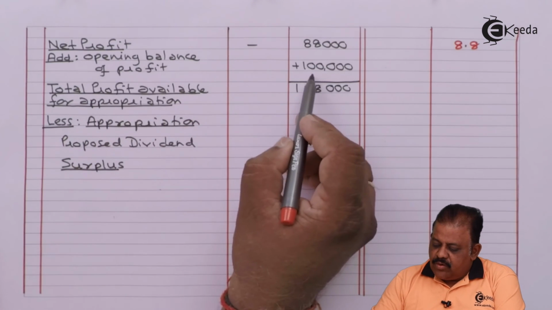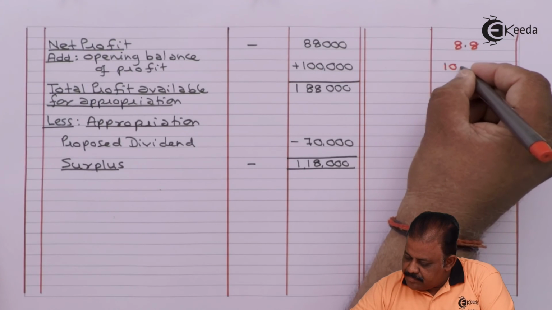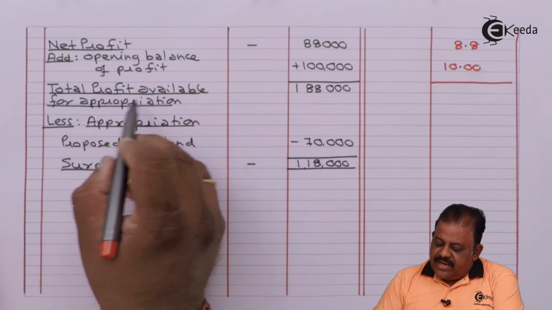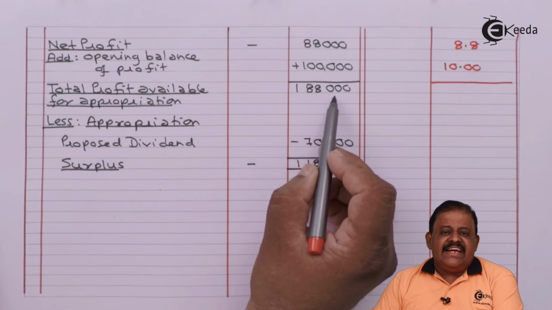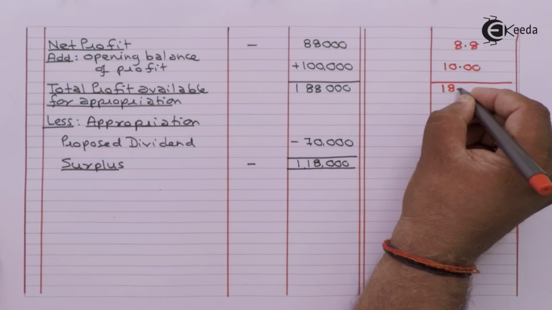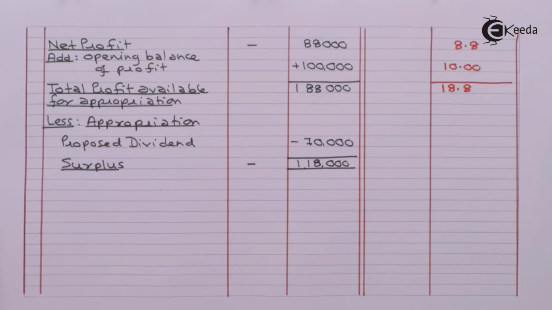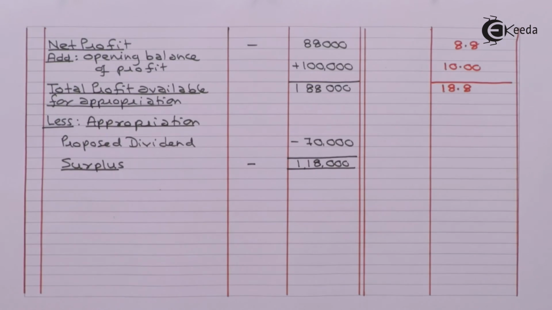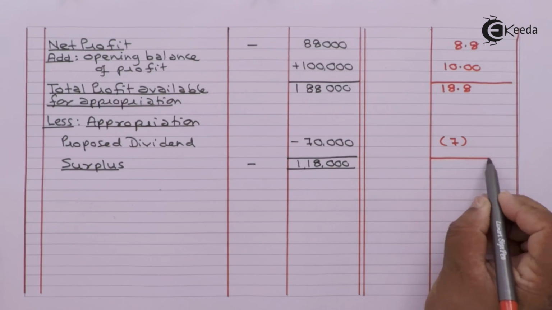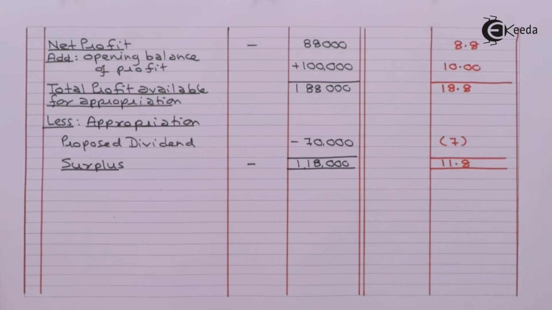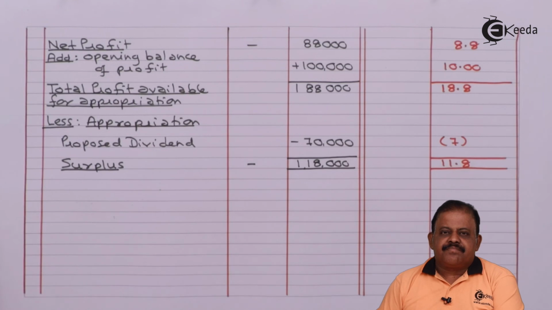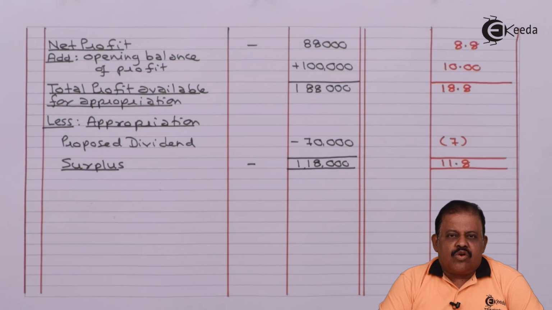Opening balance of profit 1 lakh. It is 10%. Total profit available for appropriation 1,88,000. 18.8%. Proposed dividend 70,000. 7%. Finally, surplus 11.8%. In this question, there was no gross profit.